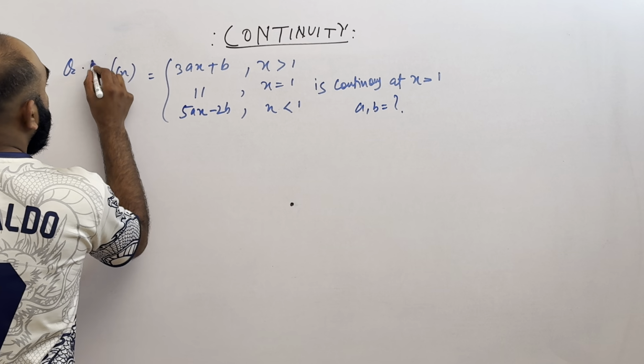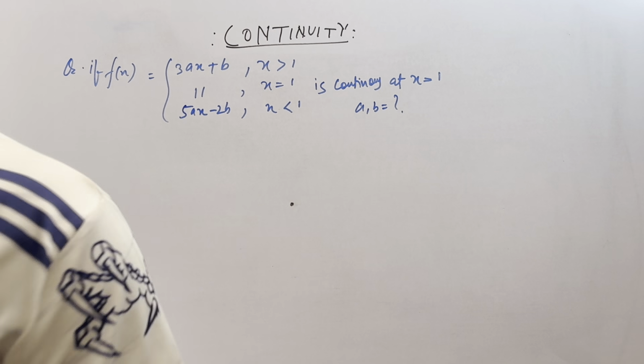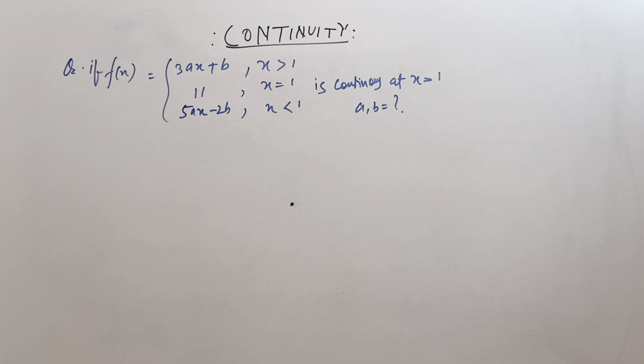They are saying f of x is given like this: 3ax plus b when x is greater than 1, and f of x is equal to 11 at x equal to 1. What is the function value at x equal to 1? It is 11.